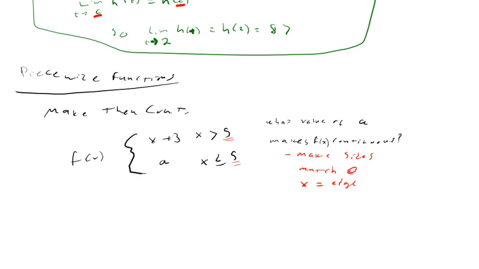So what you're going to do, really easy, is you plug in x and make the equations equal and solve for a. In this case, one side is x plus 3, and the other side is just a. I'm going to plug in my 5 into this equation.